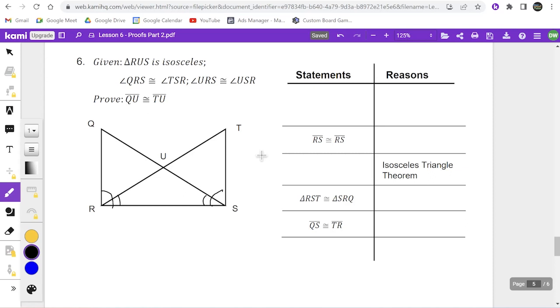Okay. So, first things first, the givens. Triangle RUS is isosceles. Angle QRS is congruent to angle TSR. And then angle URS is congruent to angle USR. And the reason for that, again, is the given.